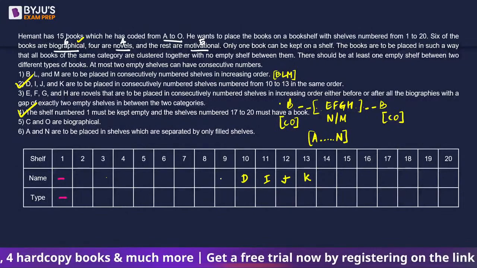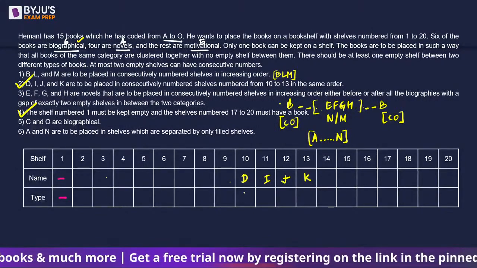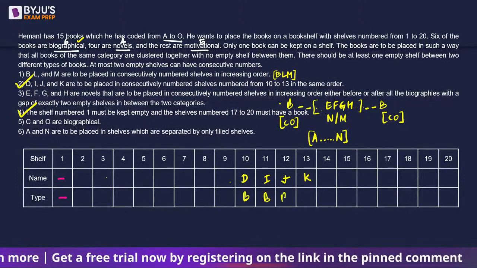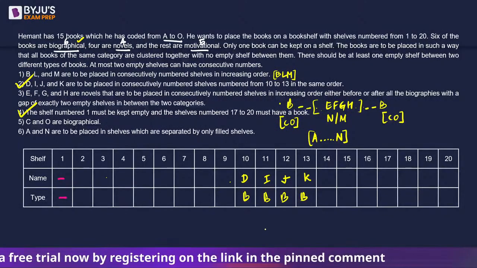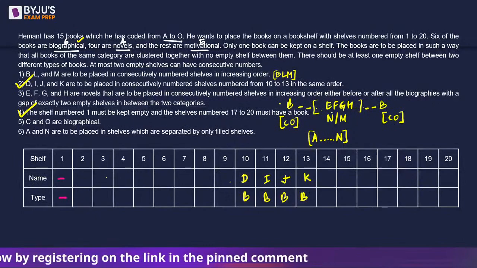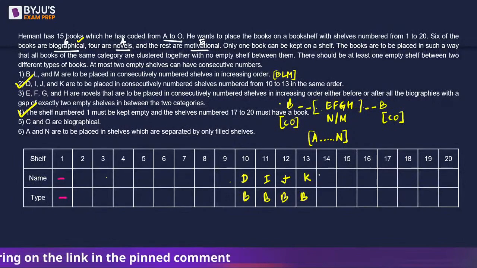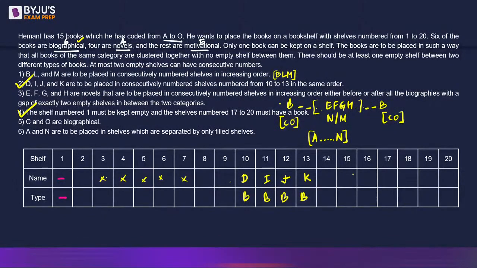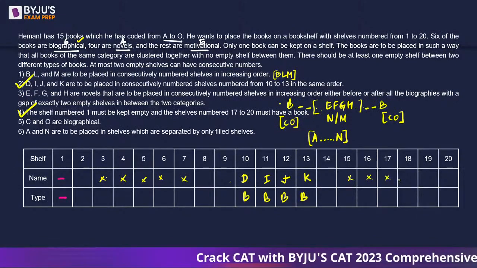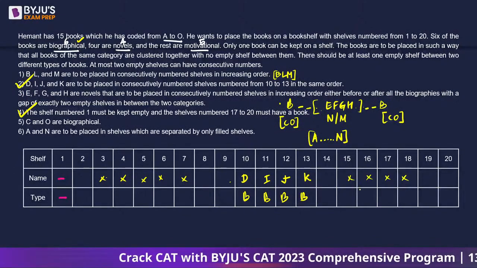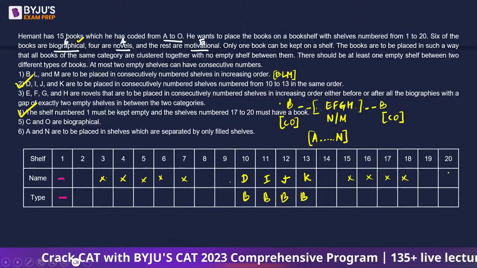What if these are biography books, these 4? If these 4 are biography books and we are supposed to place 2 blank spaces and the other books. So this is what we will get. We will get either a 4 or a 5. And then we will have, suppose we place 5 over here, then we are going to have 4 over here. Or maybe the 4 from 16 to 20, right?